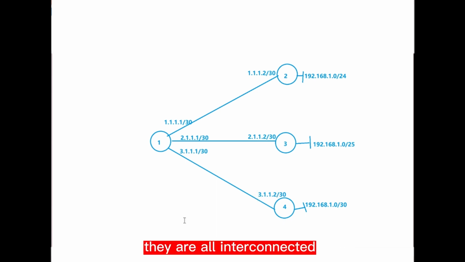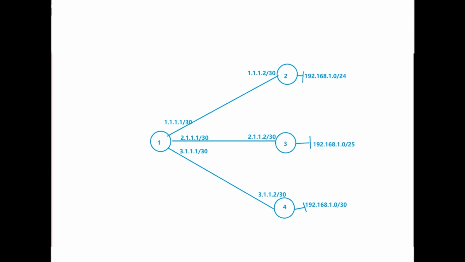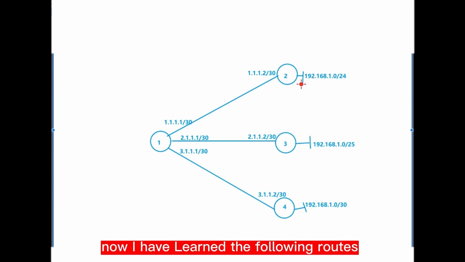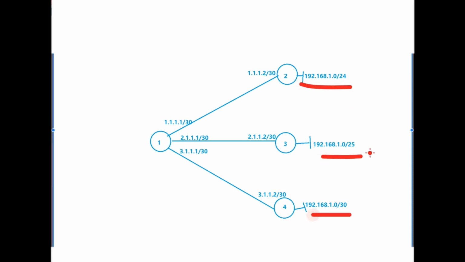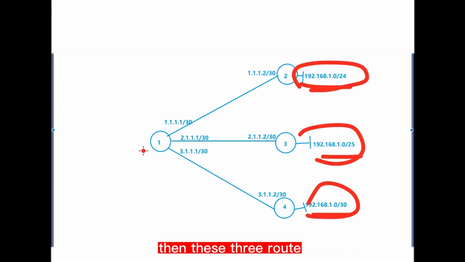They are all interconnected. This is the interconnection address between them. Now no matter how, in short, now I have learned the following routes, whether static or dynamic. Now these routes one by one are learned by all the equipment.